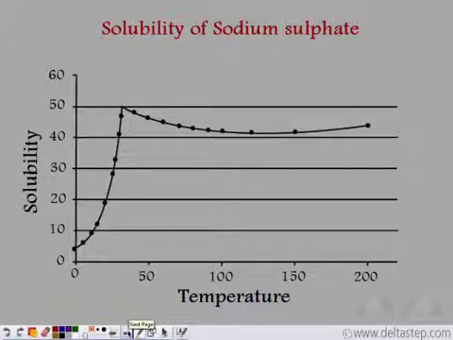For sodium sulfate, as we increase the temperature, initially the solubility increases and after that the solubility decreases. So cerium sulfate and sodium sulfate show an exceptional behavior, but for most of the solids, as the temperature increases, their solubility in a particular solvent increases.